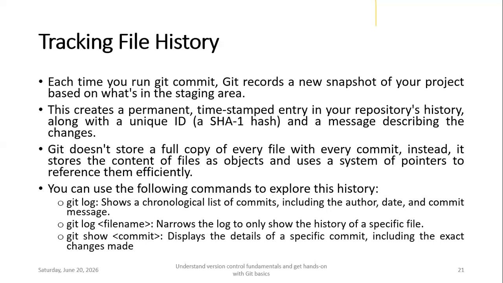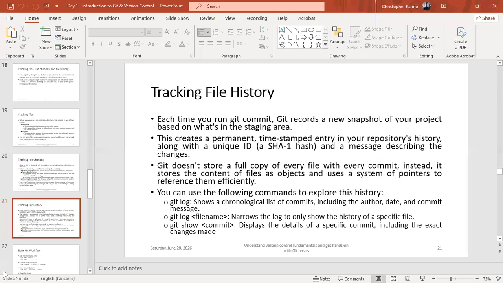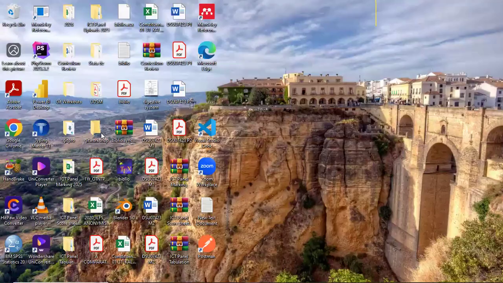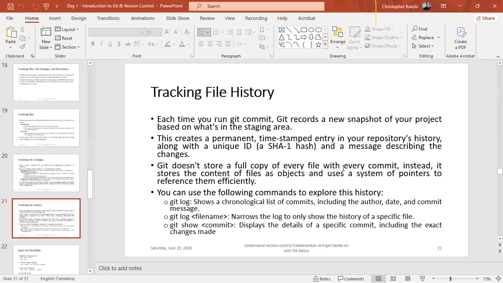Now the way Git works, it uses a system of pointers to reference the commits. This is why when I was showing you the content of the Git directory, I told you that I see the HEAD pointer inside that directory. That is the meaning of it.